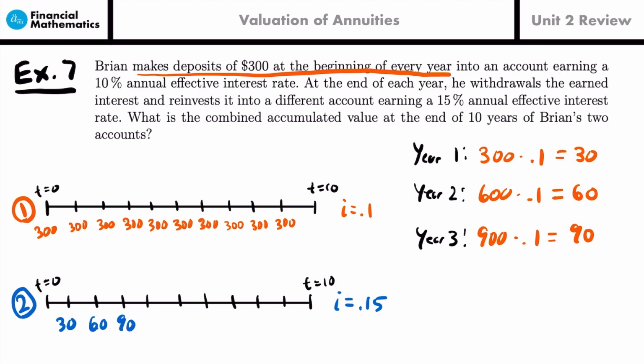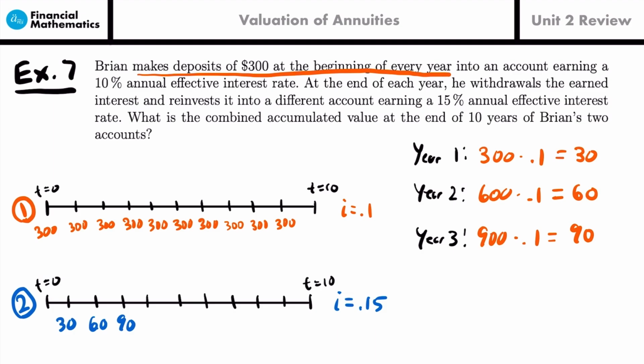Since he's taking out the interest every time, it's not compounding like it usually would. He's basically starting from scratch in this account every time when it comes to generating interest.